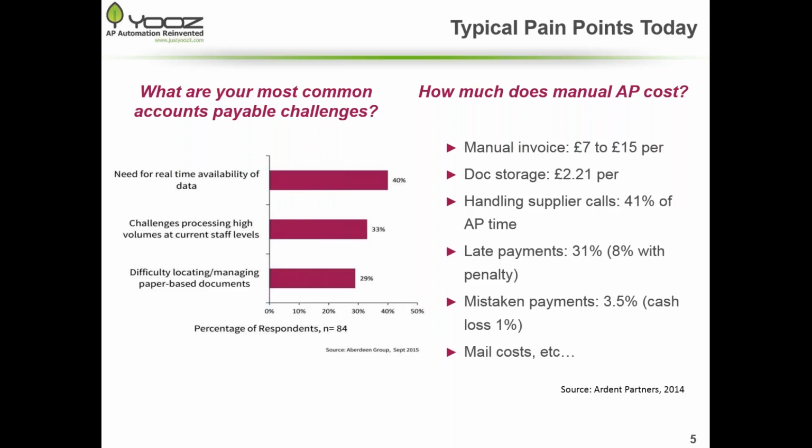We've got those mail costs, etc. So why are these costs so high? You don't need much time to see that those costs do add up very quickly per invoice. Why? That is just due to a slow, error-prone manual process, decentralized operations, local and mail costs as well.